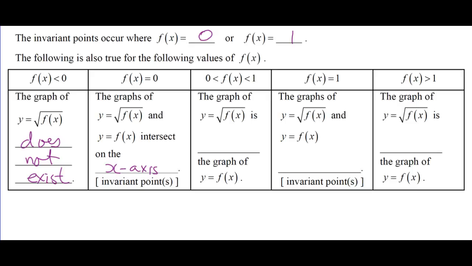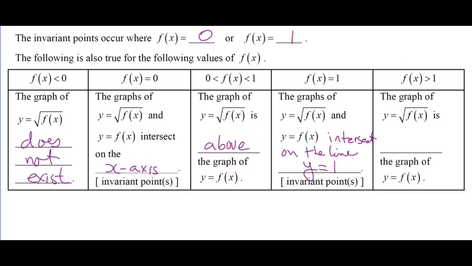Above, right? Because the square root of a decimal is larger than the decimal itself, whereas the square root of any number larger than 1 is smaller. If f of x equals 1, the graphs intersect, so they intersect on the line y equals 1, right?